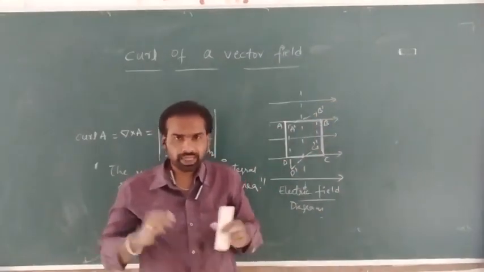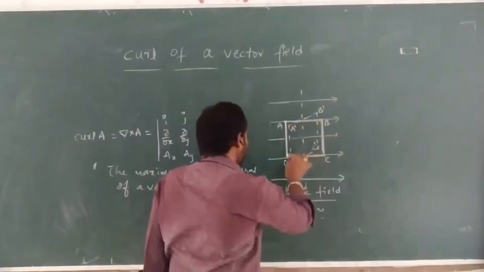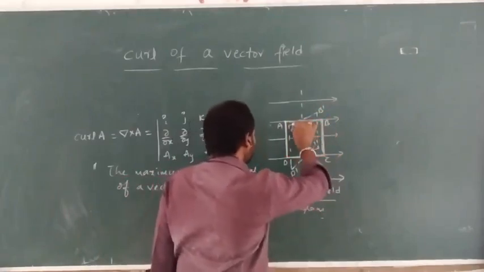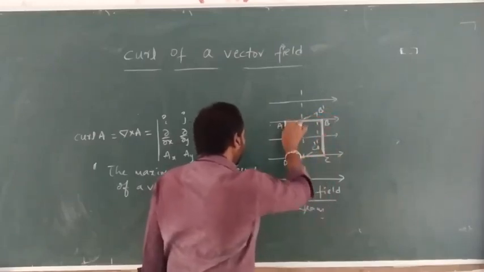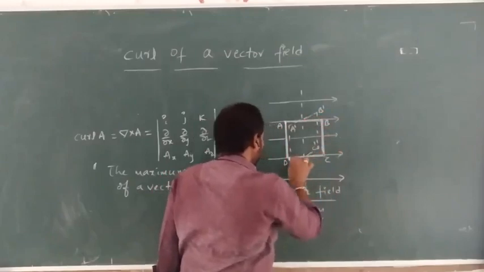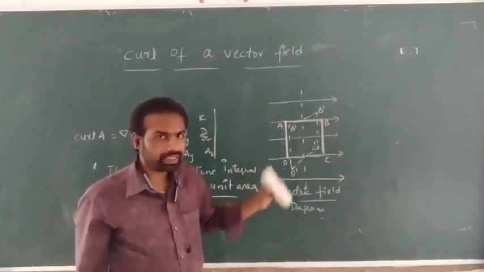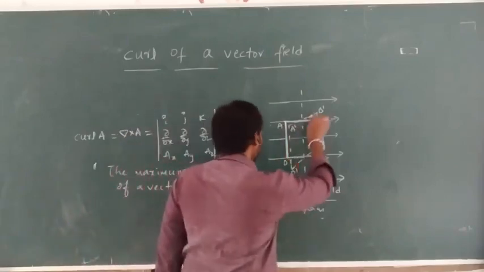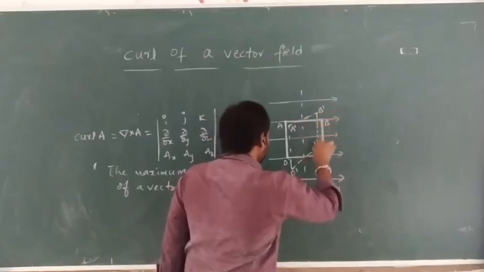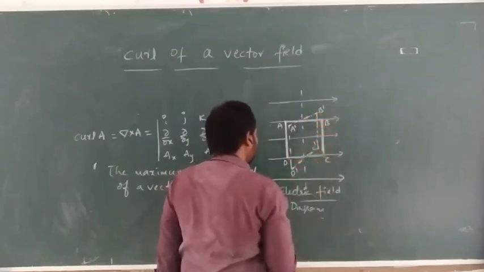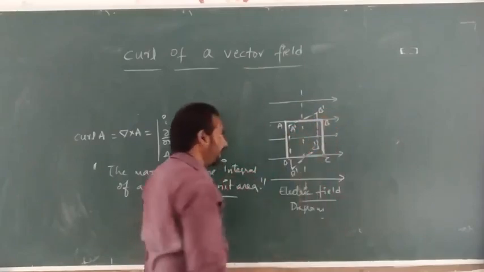In this vector field, we are taking two square surfaces, A, B, C, D, a rectangle or square, and A dash, B dash, C dash, D dash, which is represented by dotted lines.